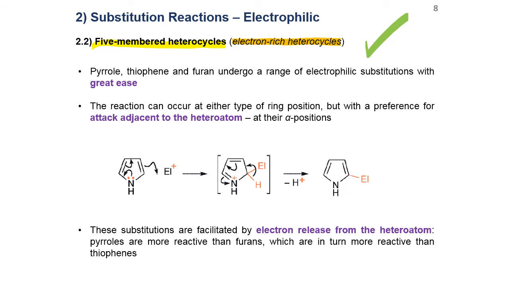For example, pyrrole, thiophene, and furan can undergo a range of electrophilic substitutions very easily, and the reaction can occur at either type of ring position. That means it can react at alpha or beta, but it is preferred to attack adjacent to the heteroatom. So the reaction at the 2 position is the major product.